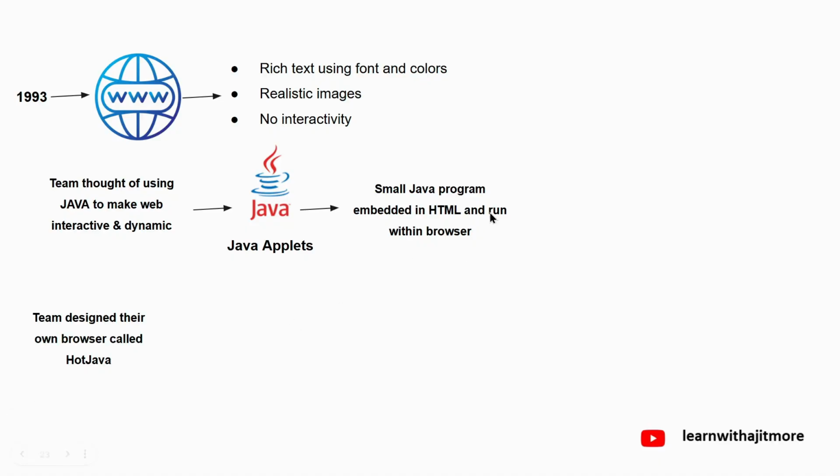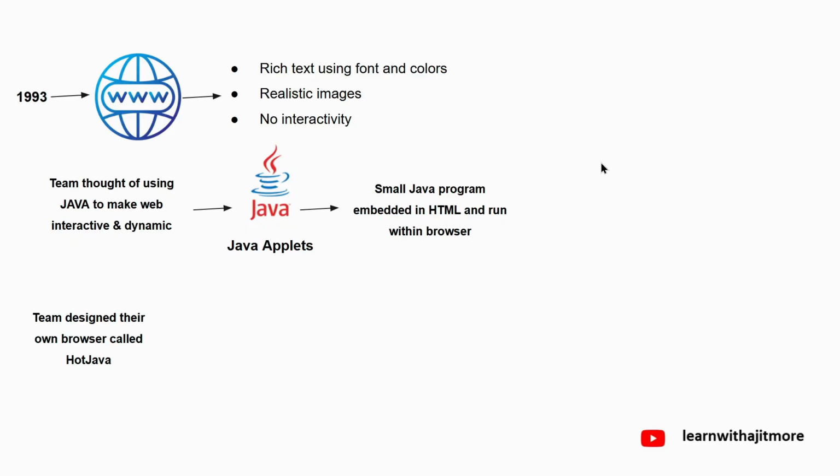Then, as I said, to test these applets we needed a browser. But the browser-making companies at that time were not ready to come with the next version in which applets would be enabled, because the old browsers were not applet compatible.